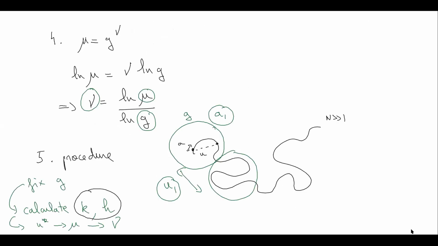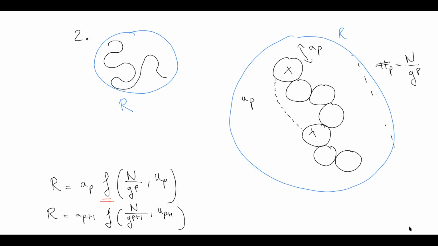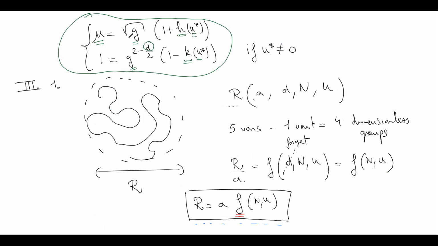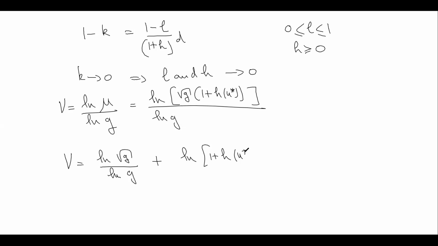Yeah, mu is provided by square root of G times 1 plus H. So nu is equal to log square root of G over log G plus log of 1 plus H over log G. Okay, and so the first is 1/2 plus this function.